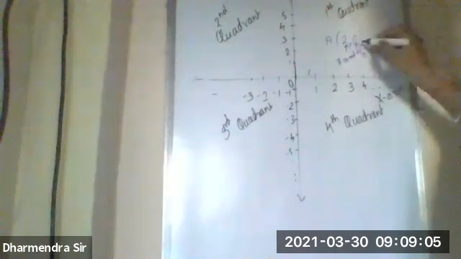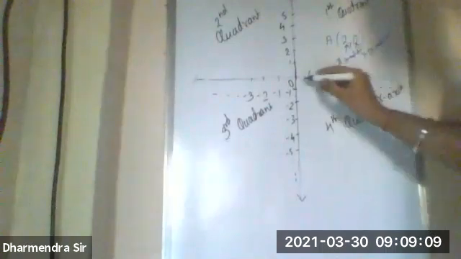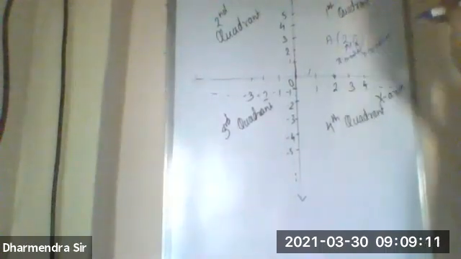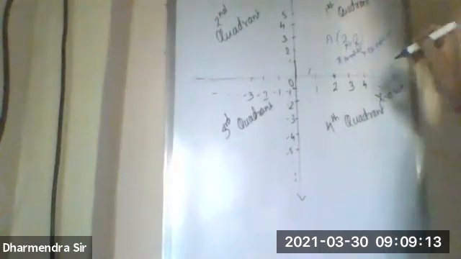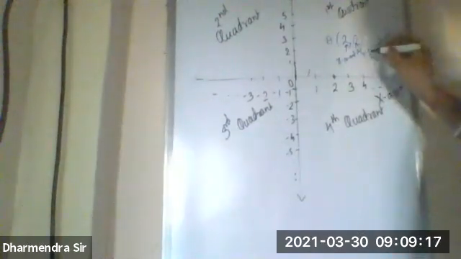So x coordinate 2 and y coordinate 0 means it is lying on the x-axis. This is an example in which the y coordinate is 0.